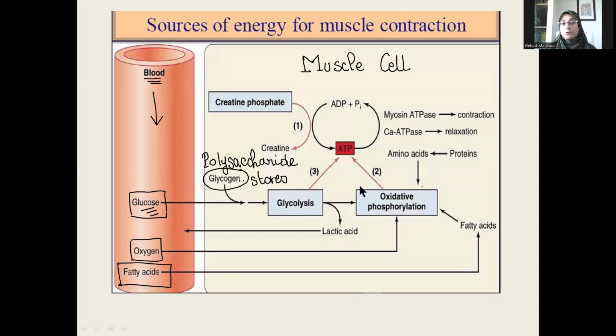But when glucose is depleted from the blood because the muscle is exerting at a high rate, then the muscle will start breaking down glycogen to get more glucose molecules.